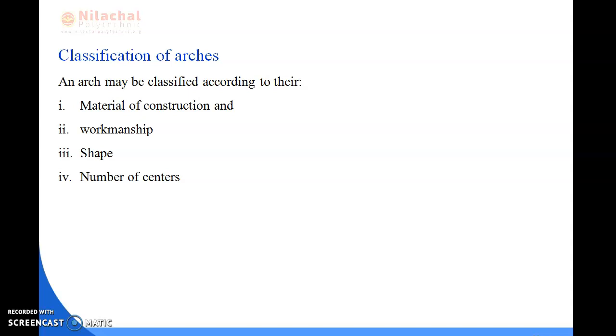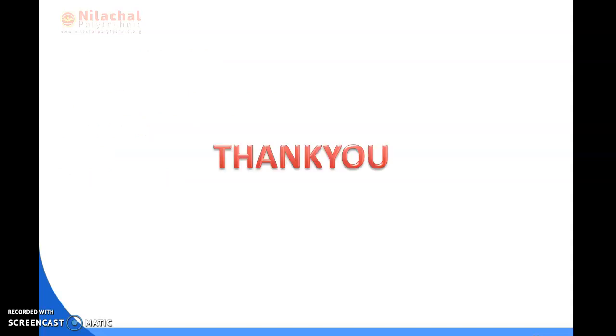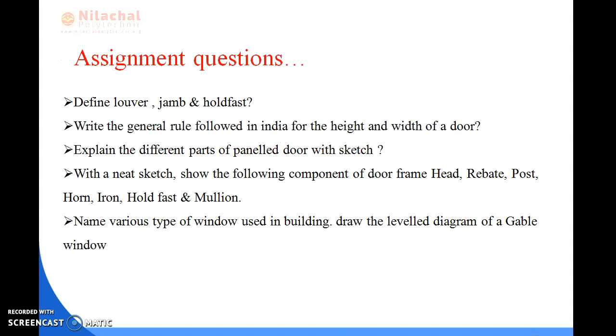So this is all for chapter 9, doors and windows PPT. Thank you. And these are the assignment questions. Define lugs, jamb, and holdfast. I have already discussed. Write the general rule followed in India for the height and width of a door. Explain the different parts of the panel door with sketch.